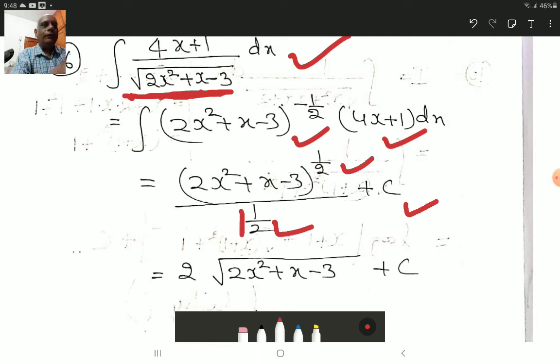So upon you have half, so it will be inverted, so it becomes 2 times half power means square root of 2x square plus x minus 3 plus c. So it was also a very important type, and it was a simple question also because no adjustment was required in the numerator. Derivative of 2x square plus x minus 3, that was already perfectly present in the numerator, so things became simpler.